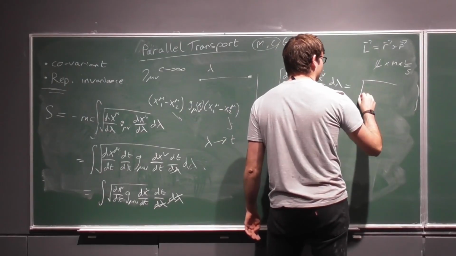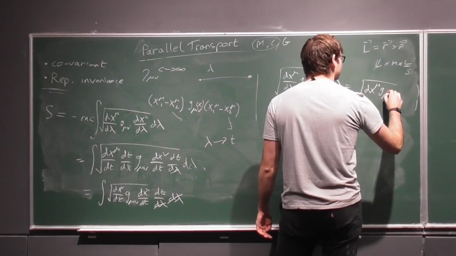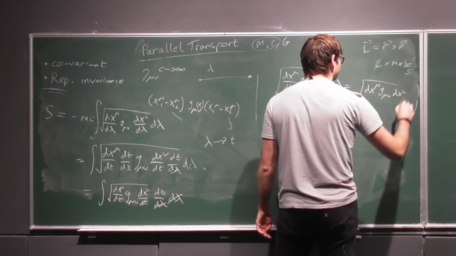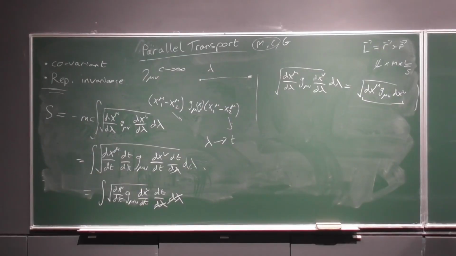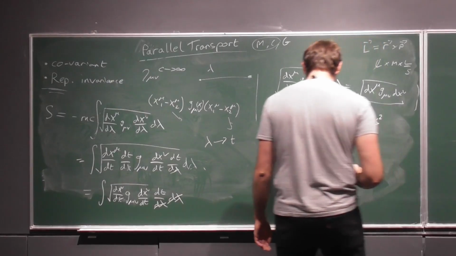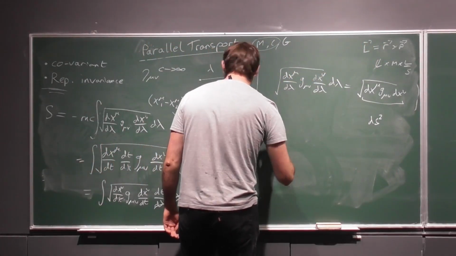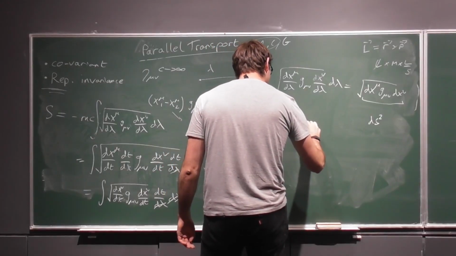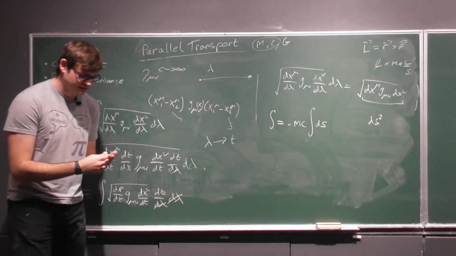This is just dx^mu g_mu nu dx^nu. Now this quantity, if we recall all the way back to lecture 2, is the line element squared. So essentially our action is minus mc times the integral of the line element along our trajectory.